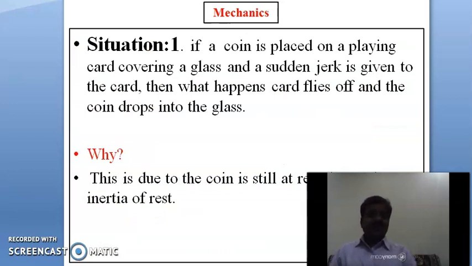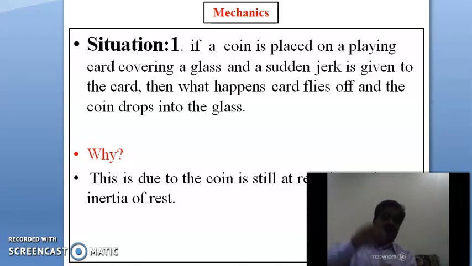Situation number 1. If a coin is placed on a playing card which covers a glass, and a horizontal jerk is given to the card like this, then what happens? The card flies away and the coin which is on the card, what happens?